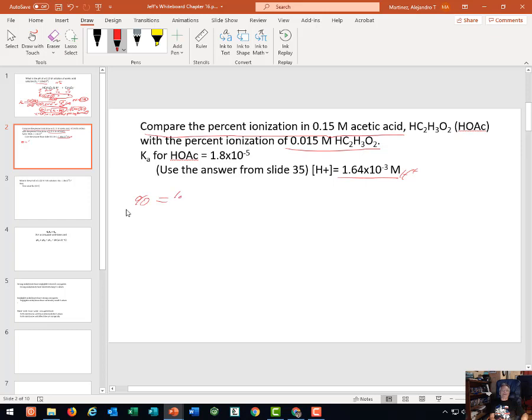That's 1.64 times 10 to the minus 3 divided by the original concentration of the acid, which was 0.15 molar, and then we'll multiply times 100.